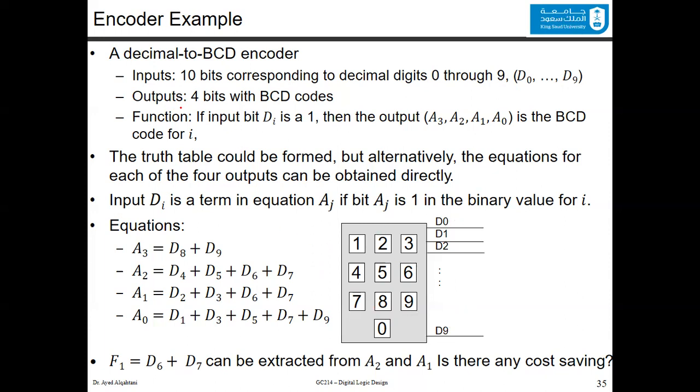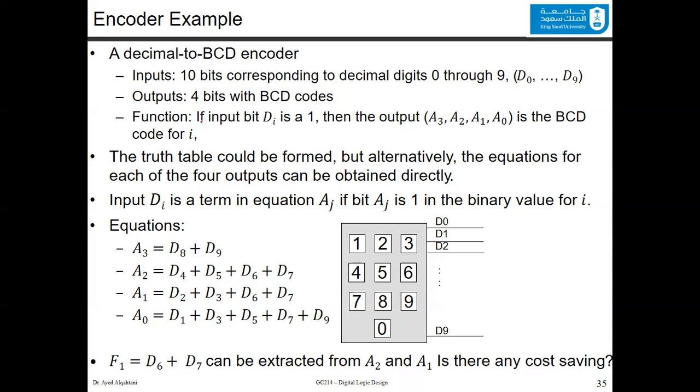The output, you want to generate 4 bits with their binary value. The binary value, for example, corresponding to 0 will be 0000, and the binary value for 9 will be 1001.